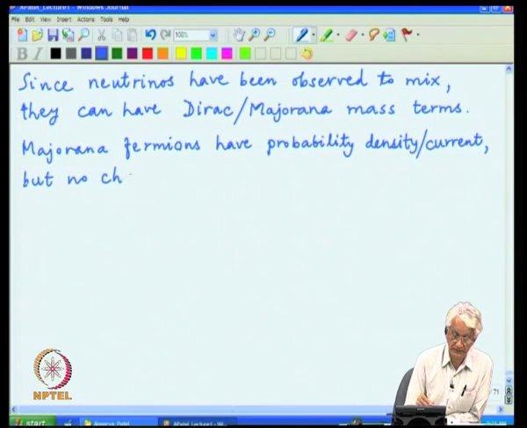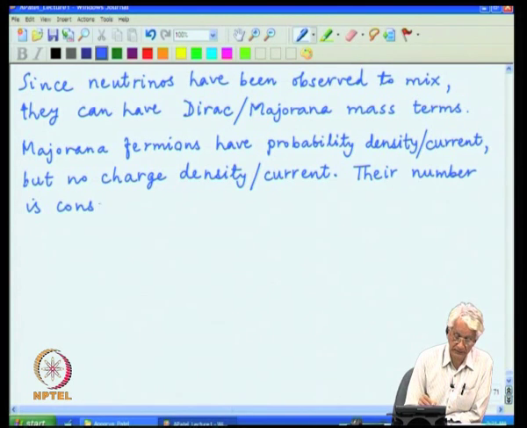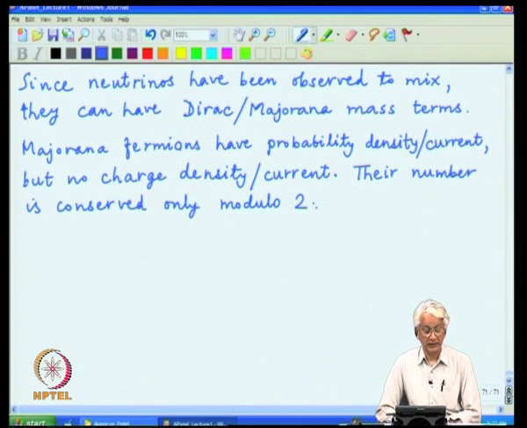But no charge density or current. On top of that, the number of the Majorana fermion is conserved only modulo 2, because 2 Majorana fermions can annihilate into the vacuum, or they can be pair produced from the vacuum, just like a particle antiparticle pair.